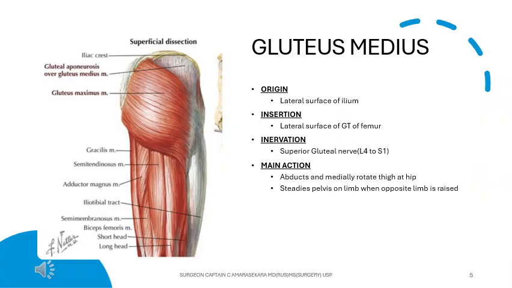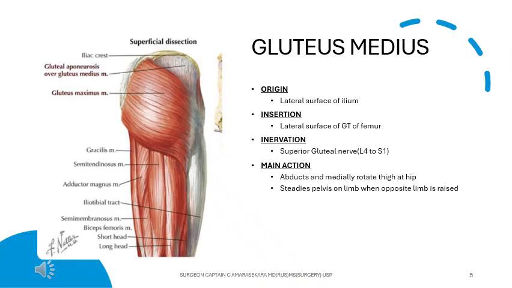Okay, now turn our attention to the gluteus medius, a key muscle in the lateral hip compartment. Though less bulky than gluteus maximus, it plays a vital role in pelvic stability and lower limb control. The gluteus medius originates from the lateral surface of the ilium between the anterior and posterior gluteal lines.